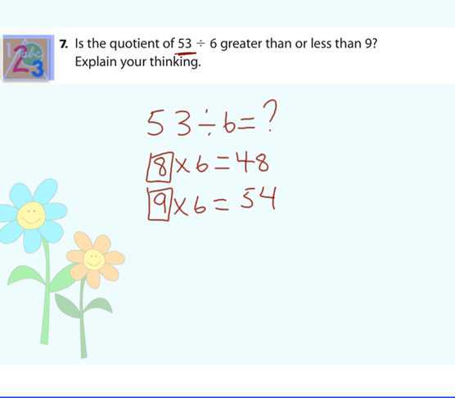And it says, is the quotient 53 divided by 6 greater or less than 9? Well, since 54 is greater, we know that it will be less than 9. Almost 9, but not quite. It will be less than 9. So that's how you do some of those equations.